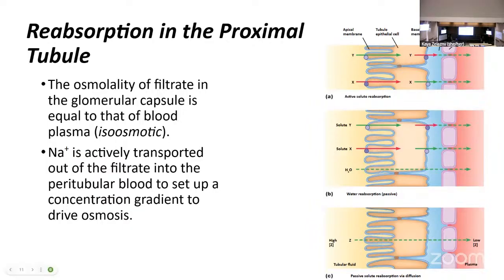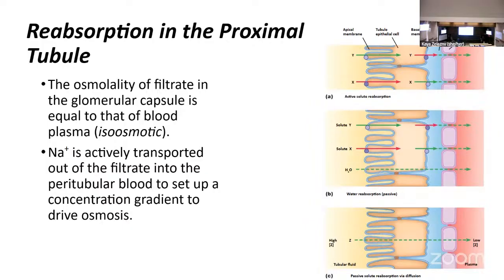Okay. So when we are looking at that pull on water in the filtrate versus pull on water of our blood plasma, when we're at the glomerular capsule, that first part of the nephron, that Pac-Man looking piece, we have an isoosmotic situation, right? So solutes are roughly the same concentration in both locations there in that very first piece.